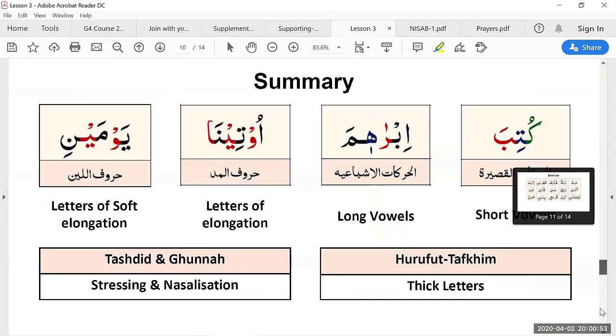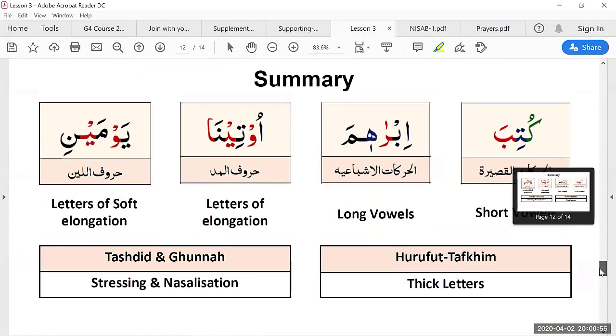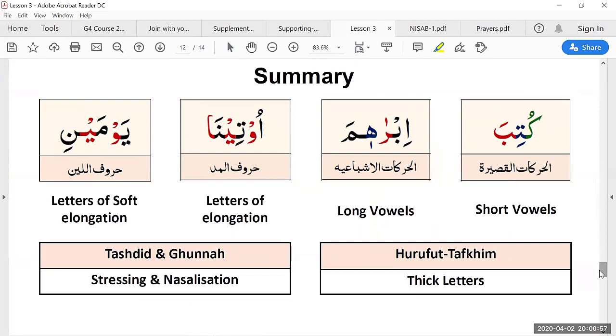Because we have already covered short vowels, long vowels, and letters of elongation at the beginning of the lesson, I would just like to ask all the students a question. What is the meaning of ghunna and what are the letters of ghunna?